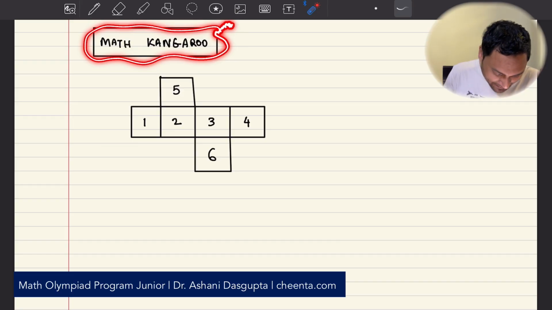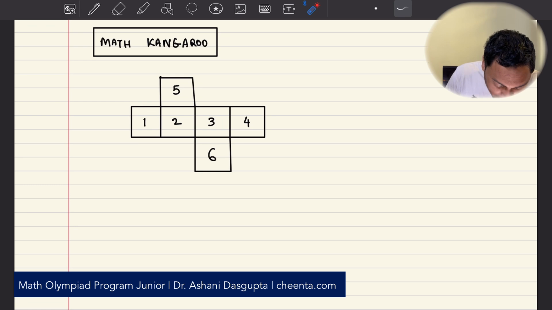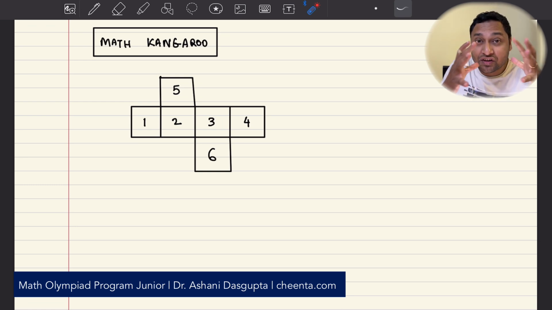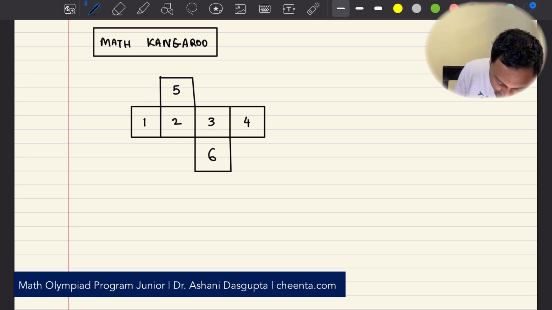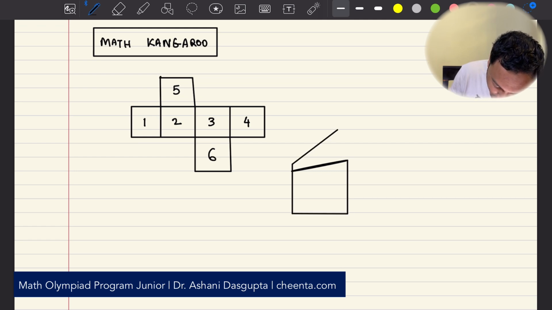Okay, all right. So this problem says that you have a cube. So maybe I can draw a cube like this here. You have a cube and you want to draw the net of this cube. So what that means is you want to open up the cube and lay it flat.